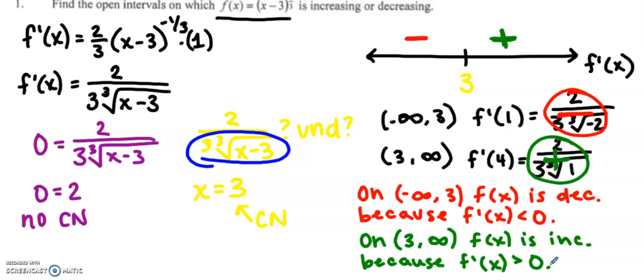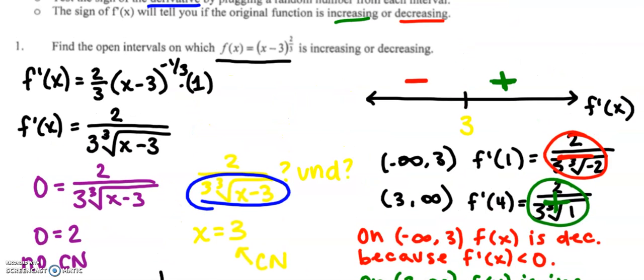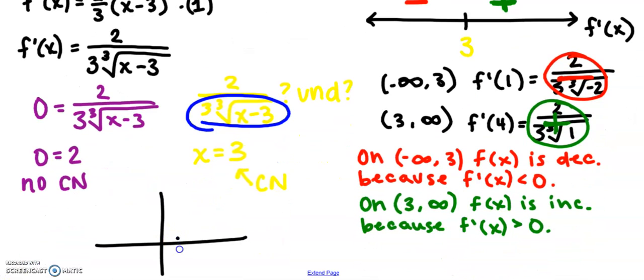All right, so the last thing then, just to talk about, it doesn't ask you to graph this function, but I do want to remind you that this graph, which was f of x equals x minus 3 to the 2/3, is that bird graph that's been shifted to the right.